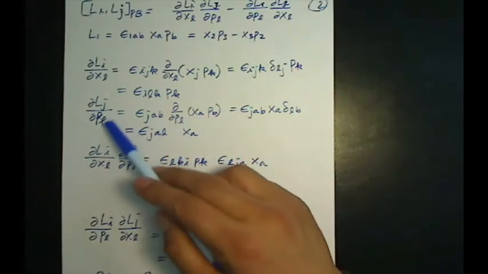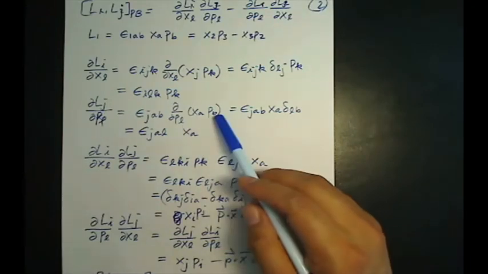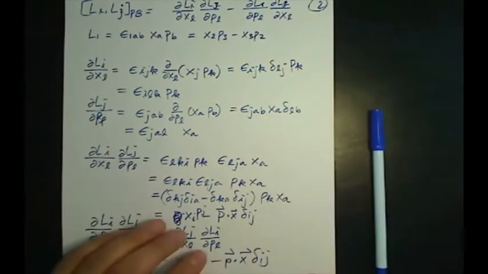And then take the derivative with respect to pl. So this one gives a Kronecker delta for b and l.